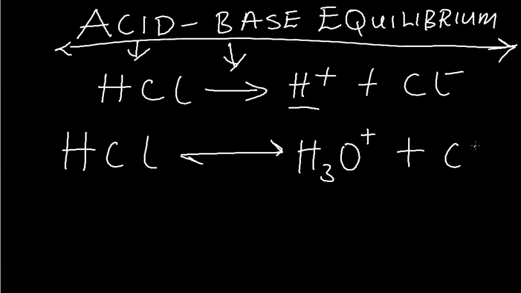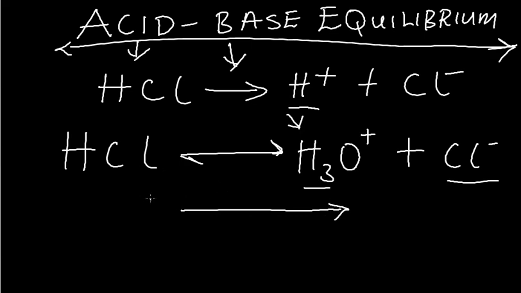So the positive ion of an acid is hydronium ion. In case you are asked in an exam, hydronium ion is the positive ion, and of course this is the negative ion. So this system is in equilibrium. That means the strength of the acid depends on the direction of the equilibrium that is favored.